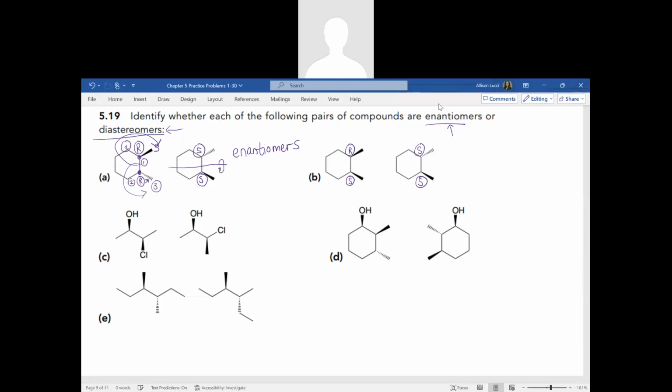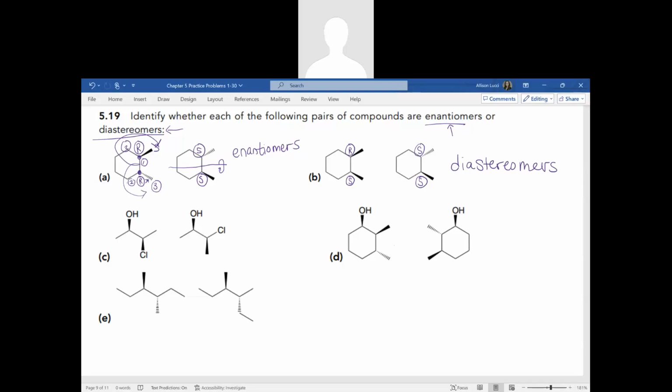So because our configurations are not going to show us mirror images of one another, we know that these are stereoisomers of some sort, but because they're non-superimposable, nor are they mirror images, we will call these diastereomers in this case.